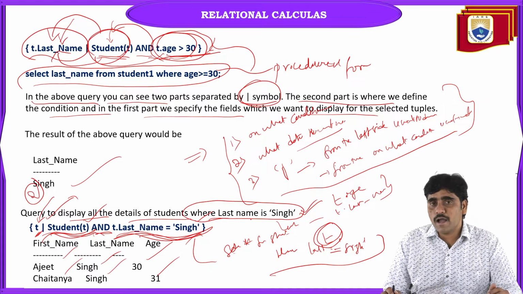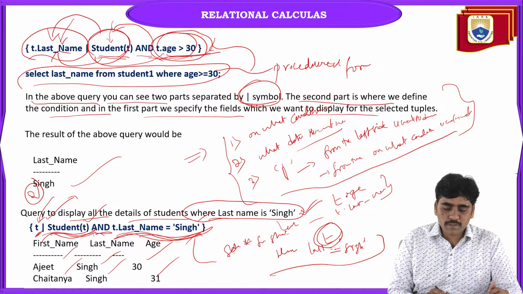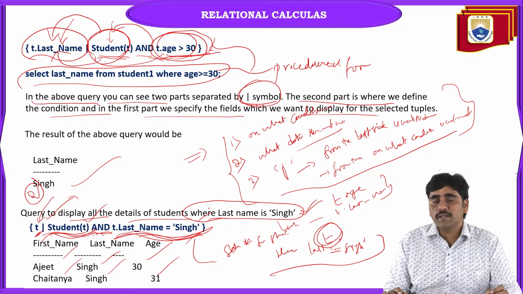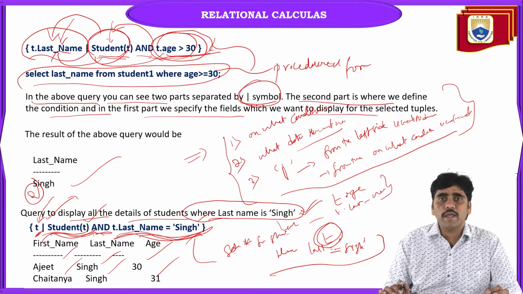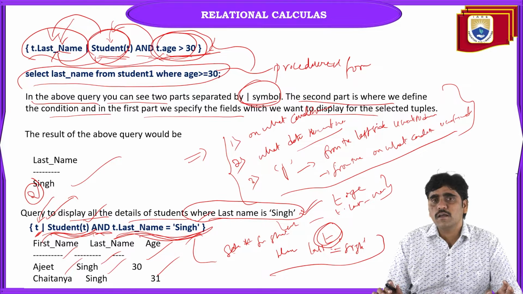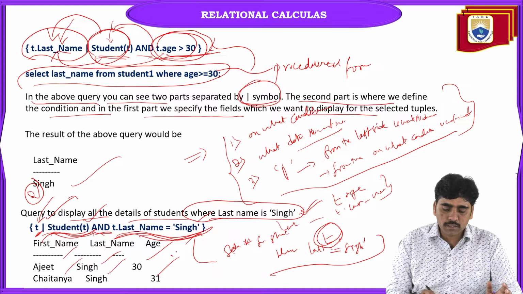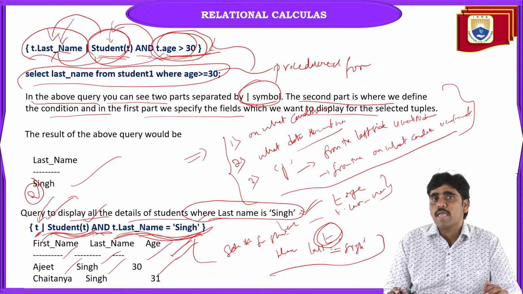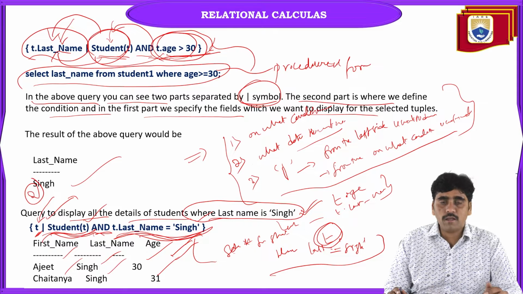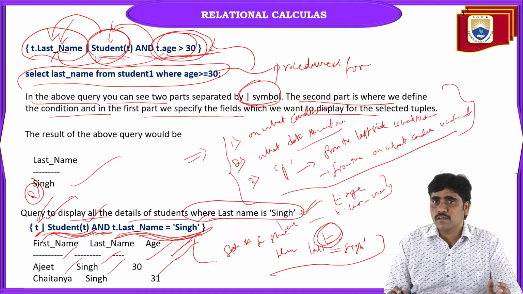Here I mentioned only the condition: last name equals Singh. So whatever the age, only those whose last name is Singh are returned. On this condition only we write this query as tuple relational calculus.